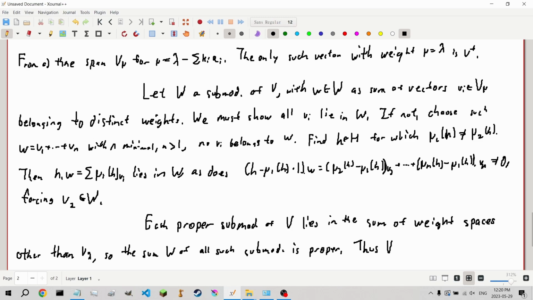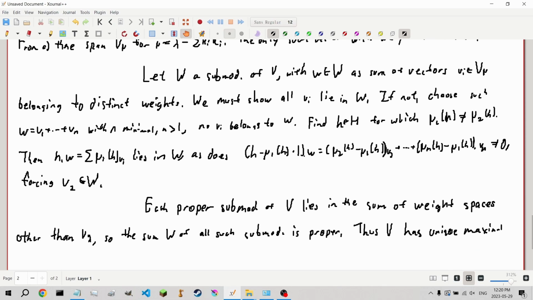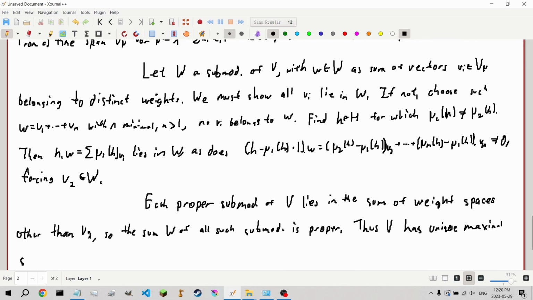Thus V has a unique maximal submodule, and unique irreducible quotient.